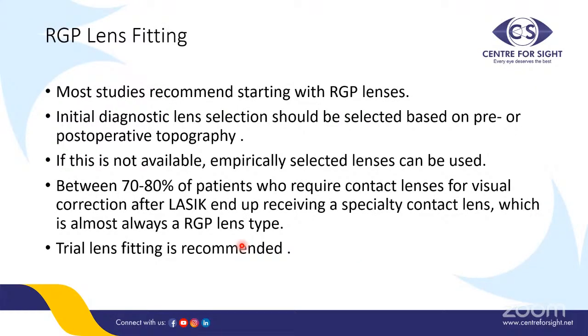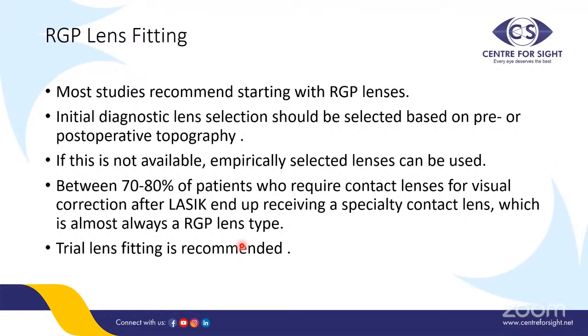Coming to RGP lens fitting, most studies recommend starting contact lens treatment post-refractive surgery with RGP lenses. The initial diagnostic lens should be selected based on, as I said, pre-operative or post-operative topography. If topography is not available, only then may empirically selected lenses be used.